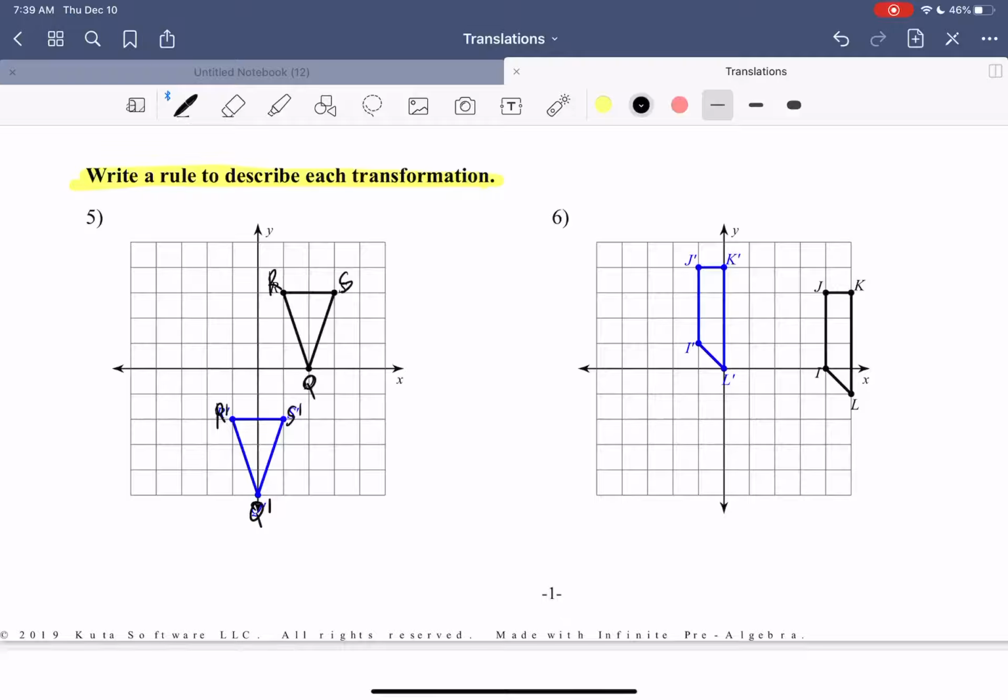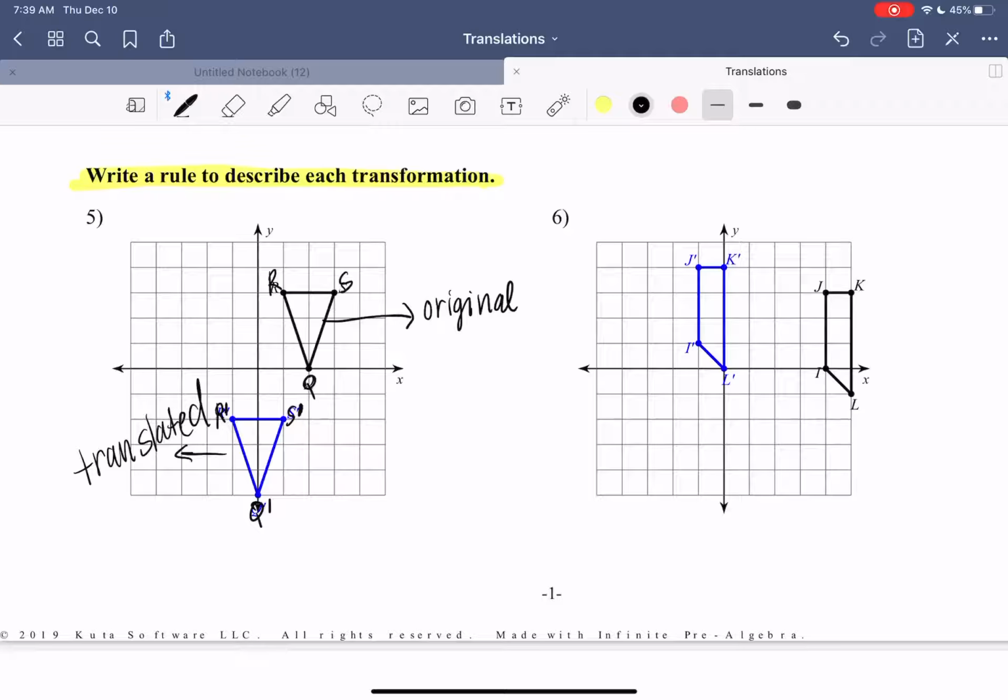So we know from that last example that this shape right here is our original, and this shape right here is our translated, because it got a new name with these primes.